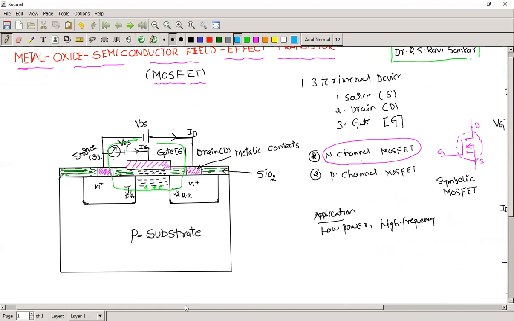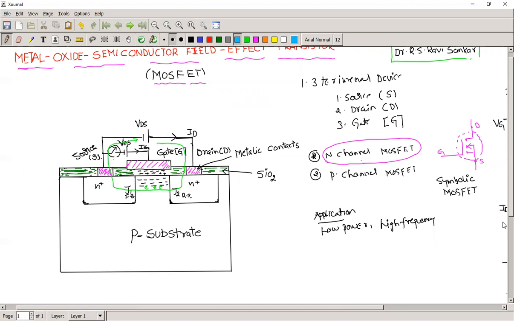To decrease the internal resistance of a MOSFET, nowadays practically so many modifications are made in the MOSFET, so that it improves the power rating as well as decreases the internal resistance of the device.